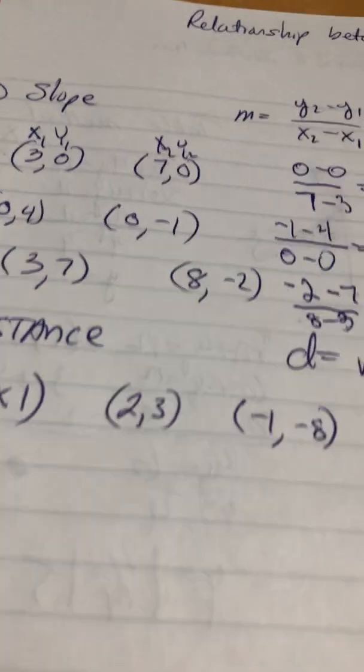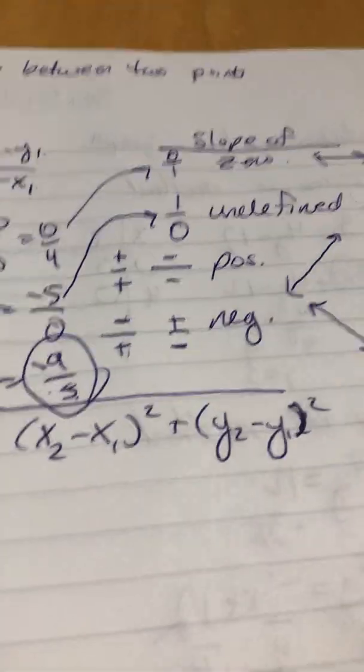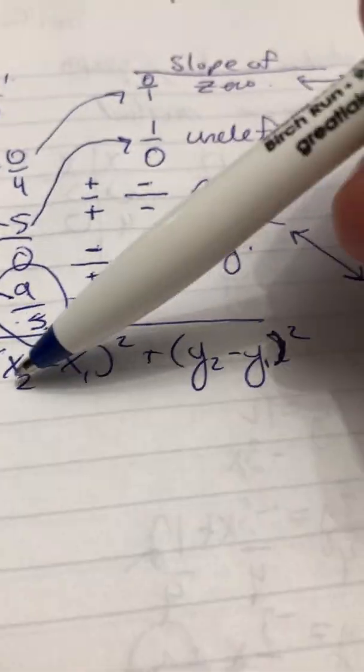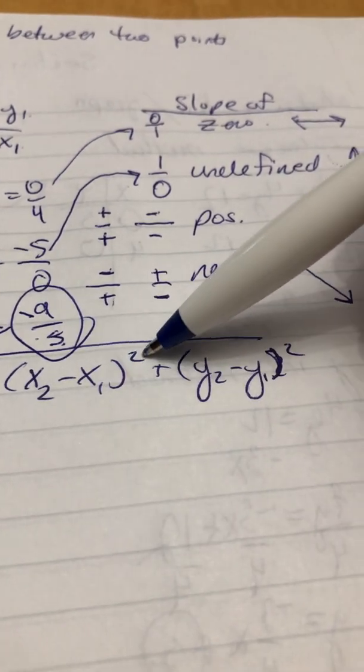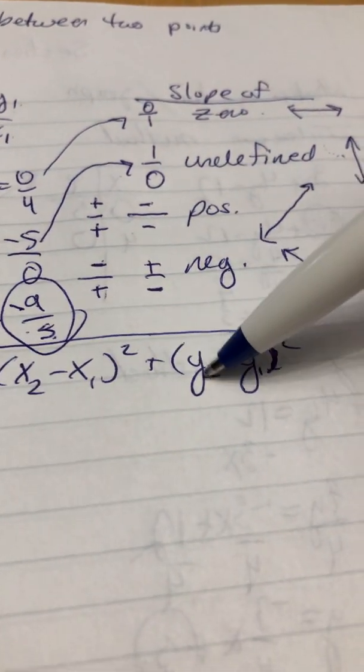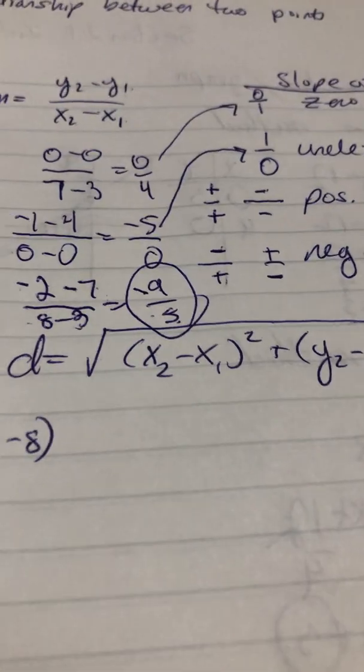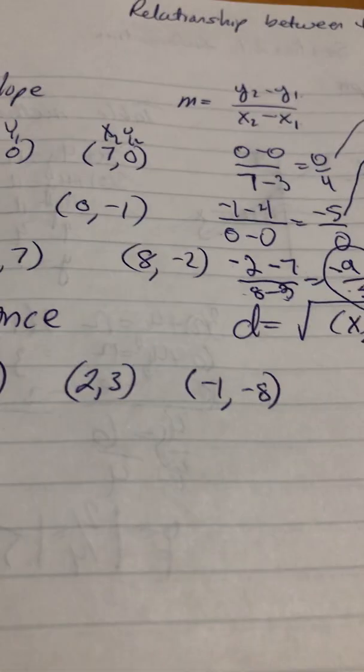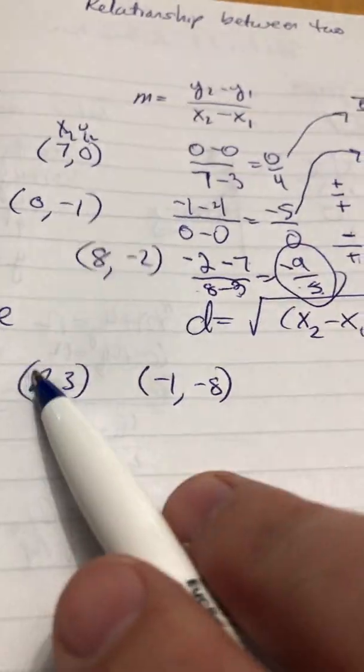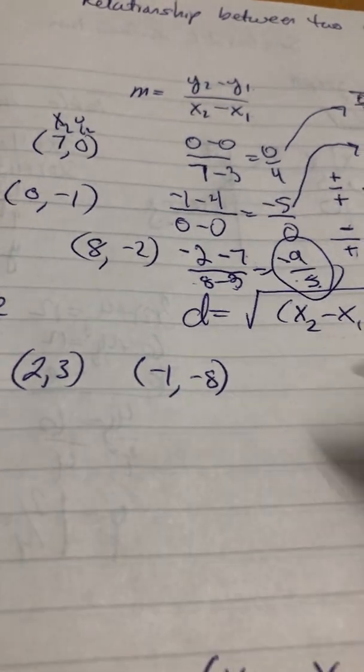Okay. You can find the distance between two points. And the distance formula reads the square root of x2 minus x1, that quantity squared, plus y2 minus y1, that quantity squared. And so our example is 2, 3, and negative 1, negative 8.